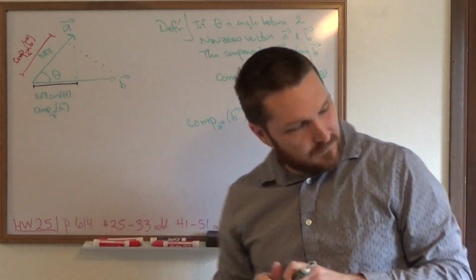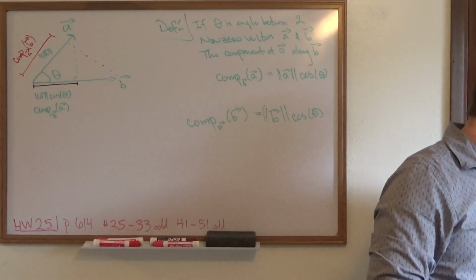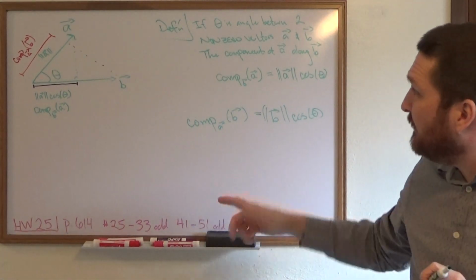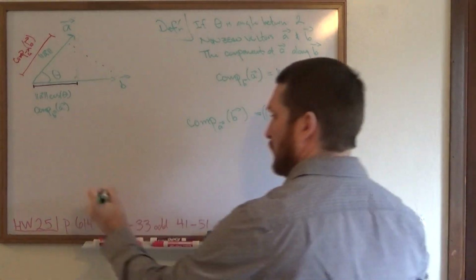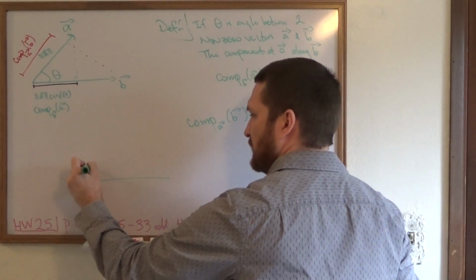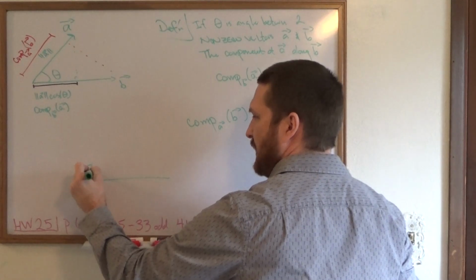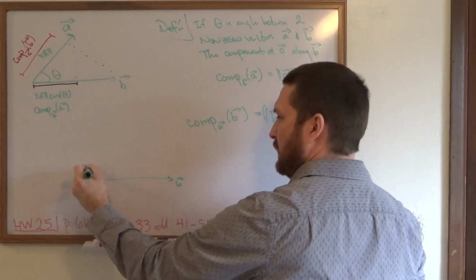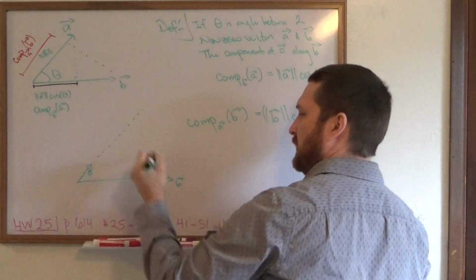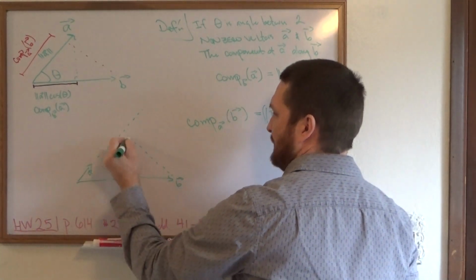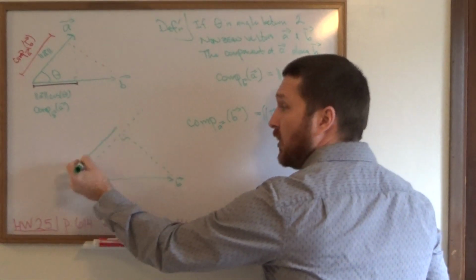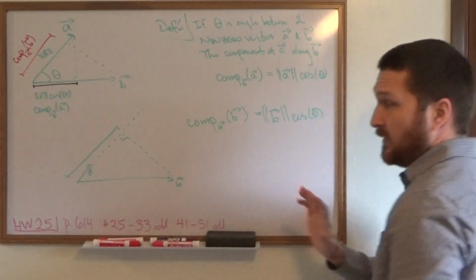So we're going to play with this a little bit longer. Now, here's another thing to notice. If B were longer, if this were A and this were B, then the component of B along A would actually be longer than A. That's perfectly fine.